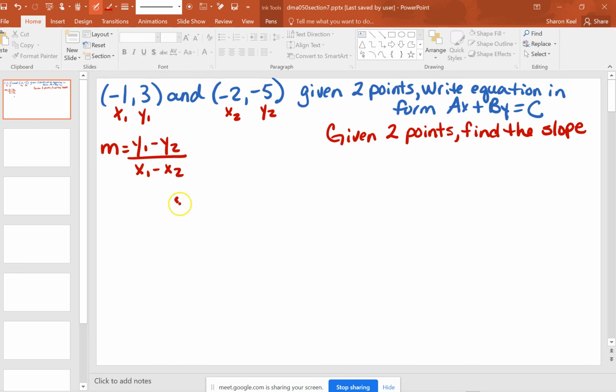The important part is that as we do these, we start with the first ordered pair. So if I have 3 first, I've got 3 minus -5. Then in my denominator, I still start with the first ordered pair. So it's -1 minus -2.